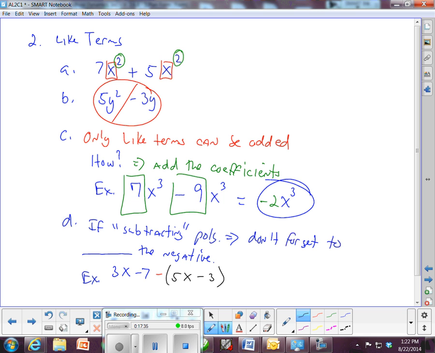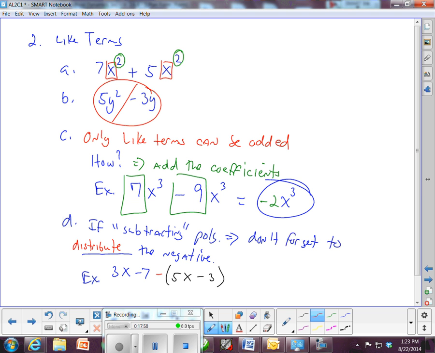The 3x minus 7 can have a parentheses around it, but doesn't really need one. You're subtracting the 5x minus 3 from the 3x minus 7. So if subtracting polynomials, that implies don't forget to blank the negative. What word goes in that blank? Hopefully you use the word distribute.